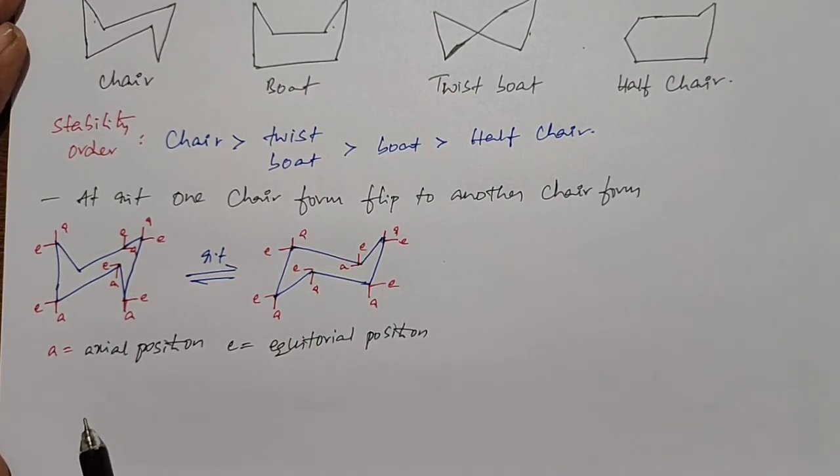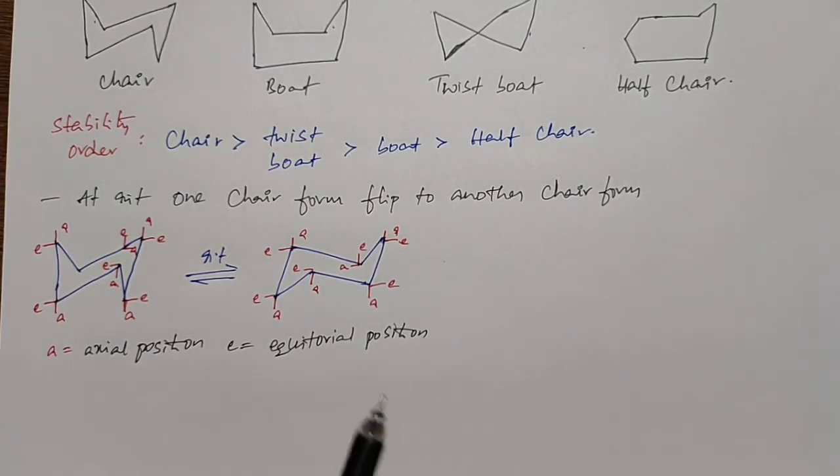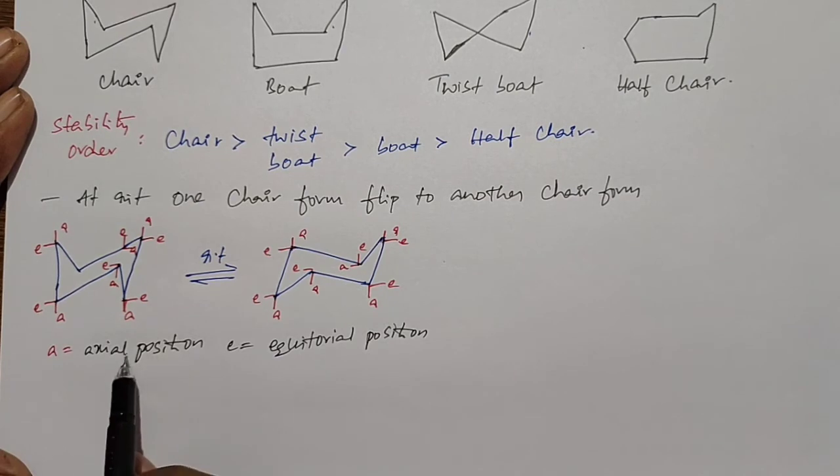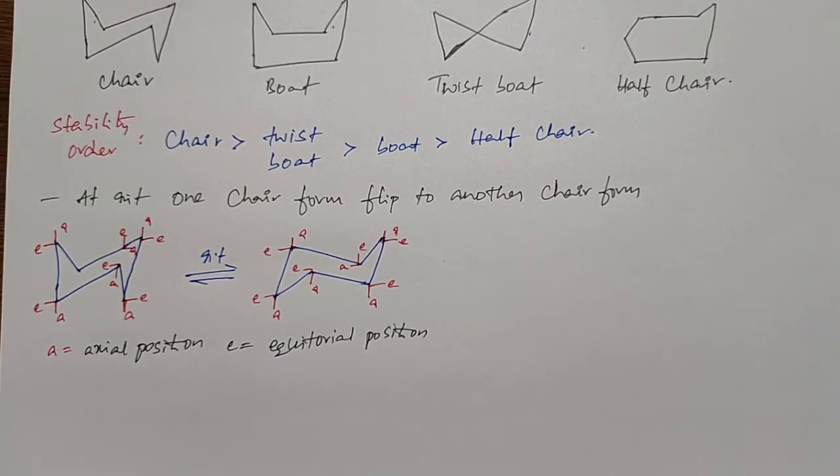The axial bonds lie above or below the plane of the ring, and the equatorial positions lie in the plane of the ring.